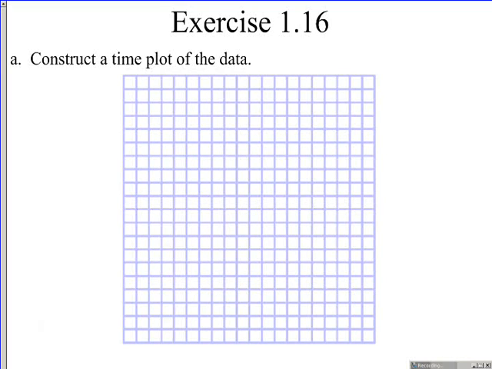So what are we measuring here? Well, we're measuring life expectancy. What's the units? Years. Along the bottom is always going to be time for a time plot, which we're talking about the year as well.